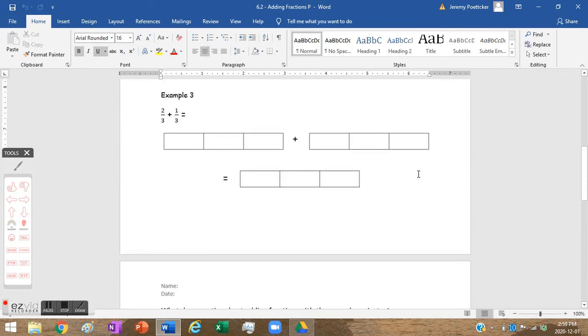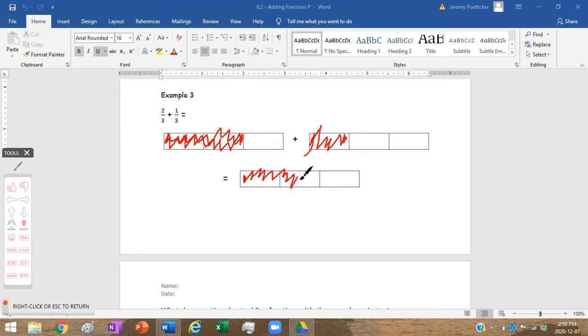All right. So here we've got 2/3 plus 1/3. So 2 out of the 3 pieces are shaded, plus 1/3. Right, so I've got 2 from up there, 1 from over here. So they all end up being shaded in.